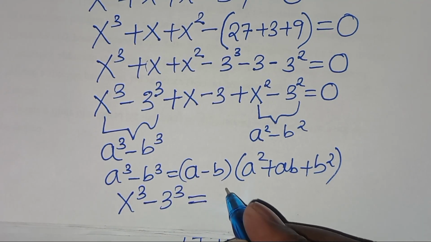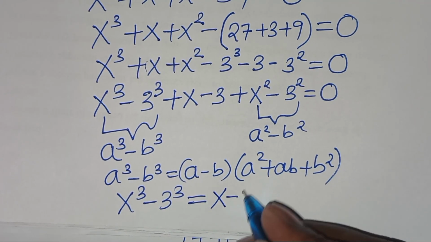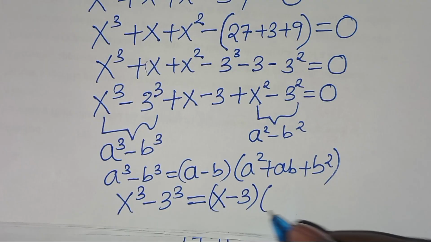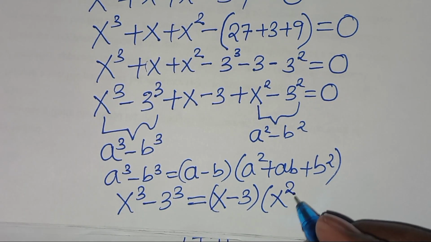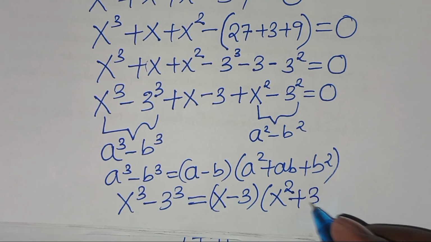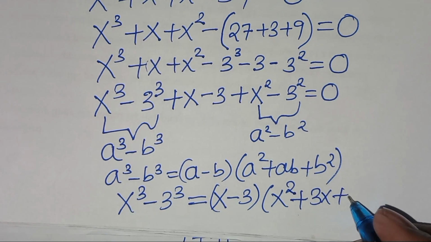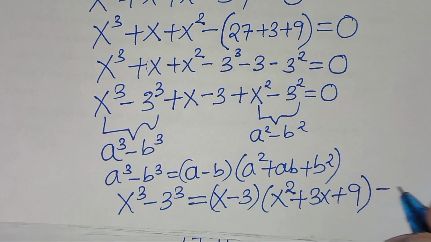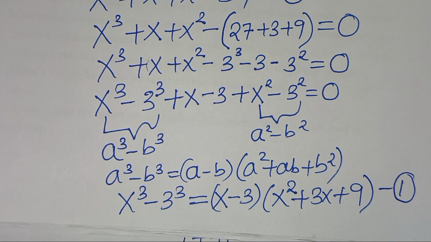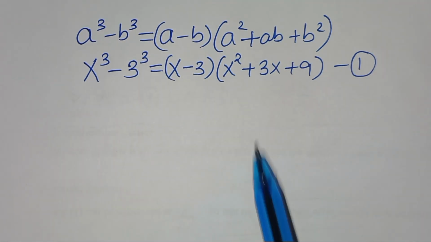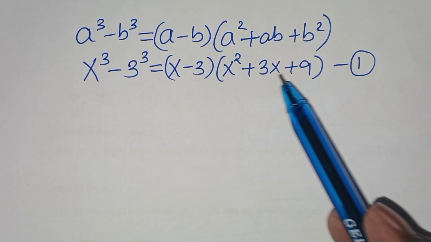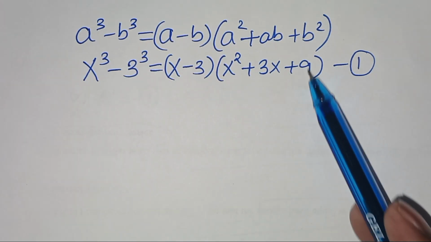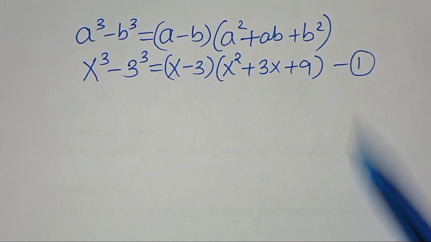This is the same thing as x minus 3, here we have x to the power 2 plus 3x plus 3 squared, which is 9. Let's call this equation 1.